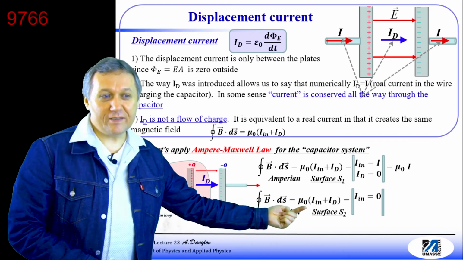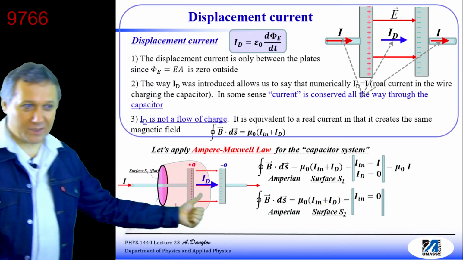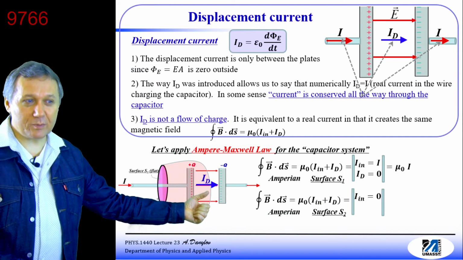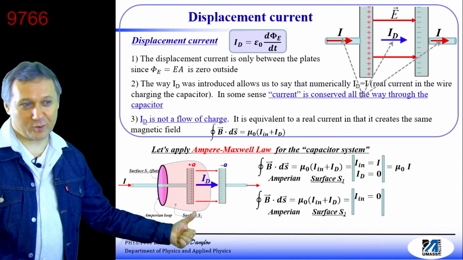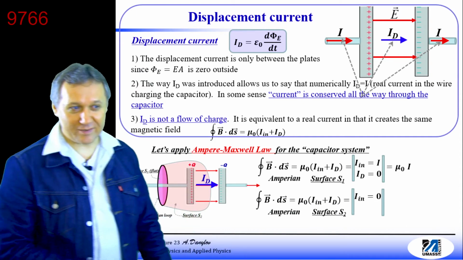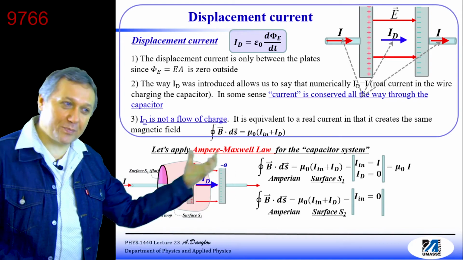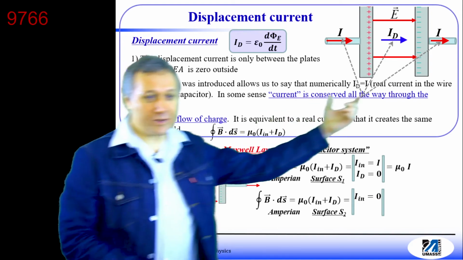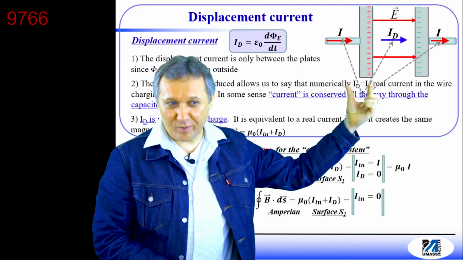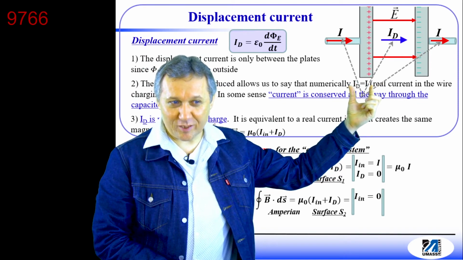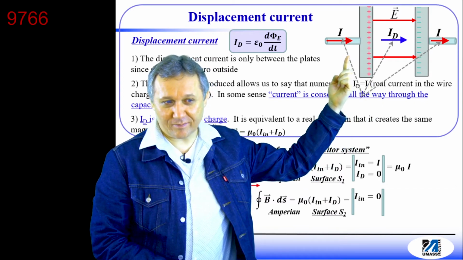The second term, displacement current I displacement, is there. It is between the plates. It crosses our surface S2 because the surface S2 goes between the plates. And you remember, I emphasized in the previous slide that numerically the displacement current equals the actual current flowing into the capacitor.